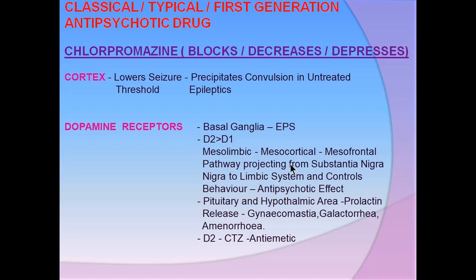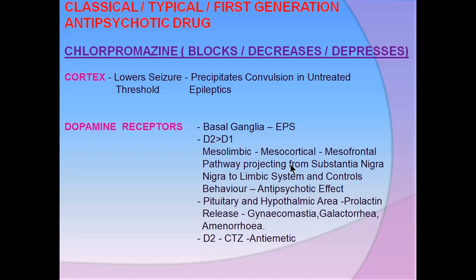It blocks more D2 receptors than D1 receptors in the mesolimbic, mesocortical, mesofrontal pathways projecting from substantia nigra to limbic system and controls behavior. Has antipsychotic effects, blocks dopamine receptors present in the pituitary and hypothalamic area to increase prolactin secretion, and due to this gynecomastia, galactorrhea is produced.